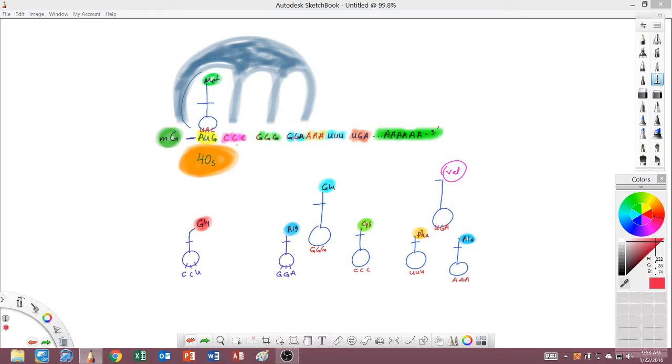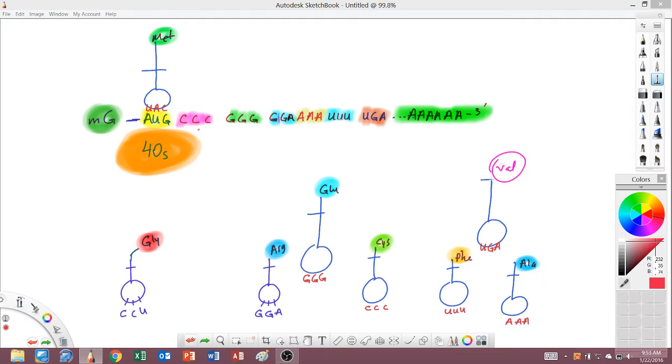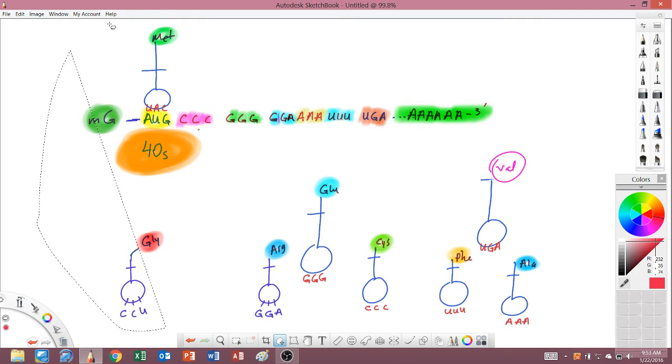So as soon as this binds, then the large subunit can come and attach. You know what? Let me erase this. I'll make it on the side.